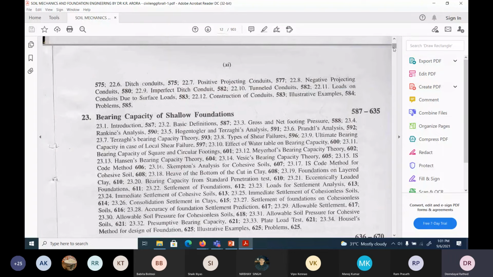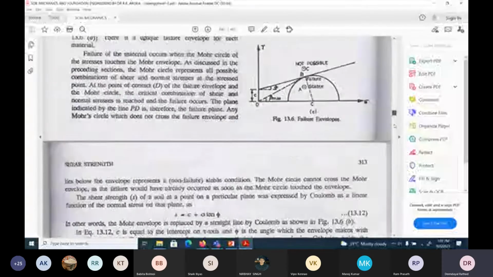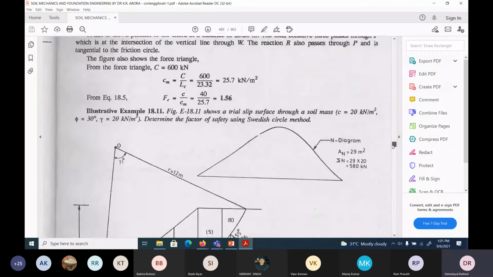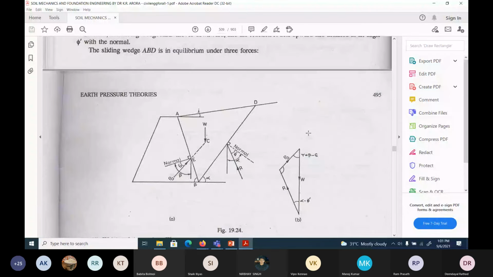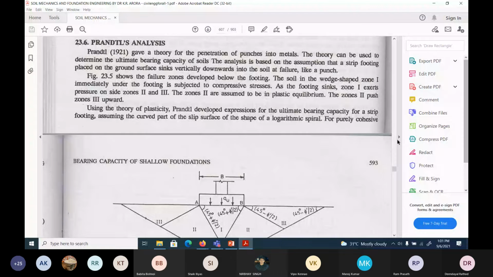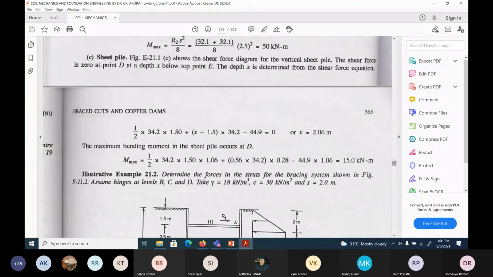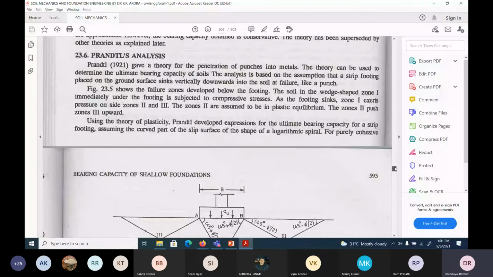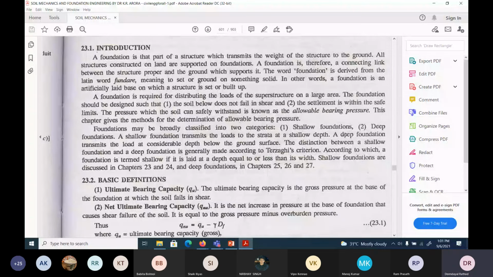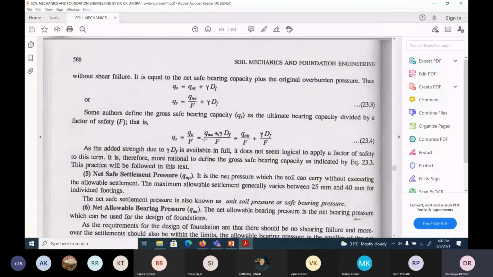We have started this one, and I have taken the shallow foundation and shown some of it, so that from the next class we will go into these basic definitions.